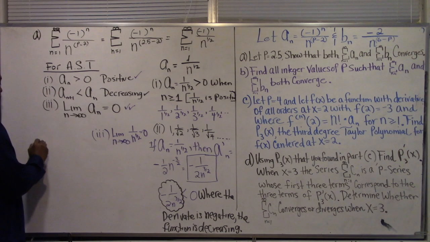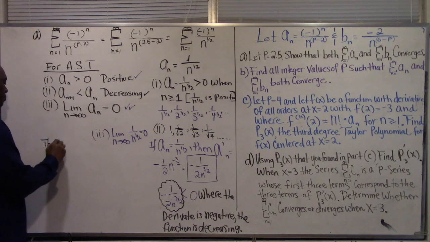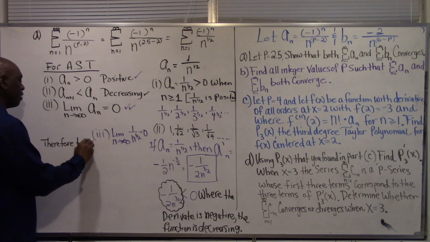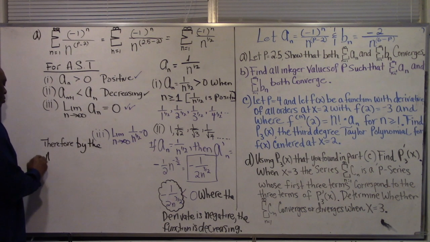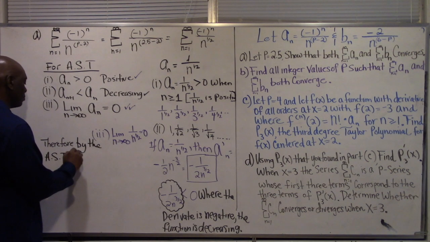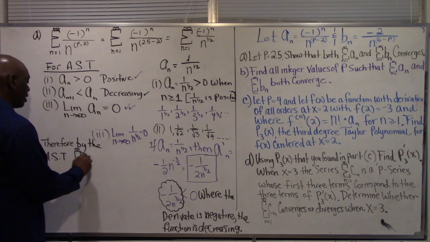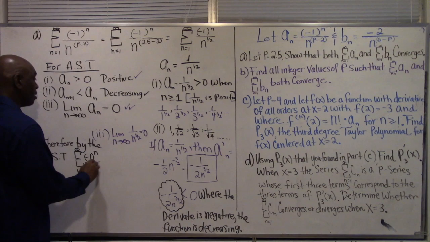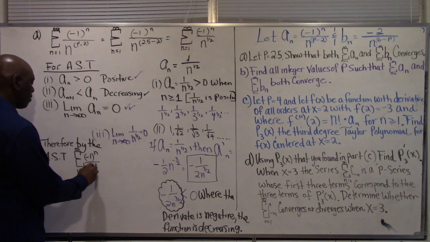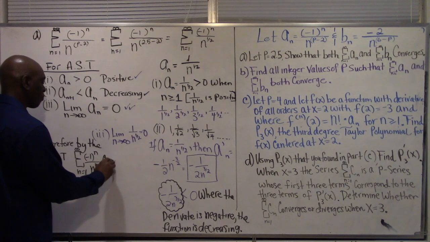Therefore, by the alternating series test, our series of (-1)^n over n to the 1/2 converges.